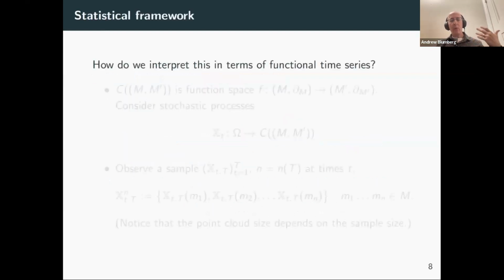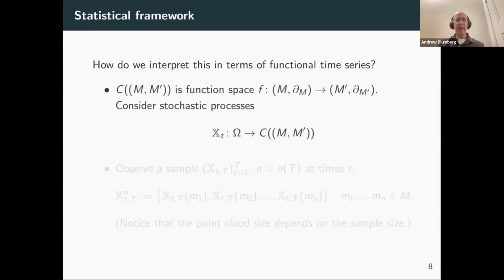So what does it mean to interpret this in terms of functional time series? The big innovation that I want to advertise is that it's powerful to think of this in terms of functional time series. The reformulation that we're doing is that we think about a function space.